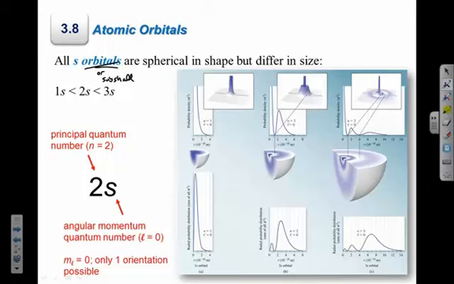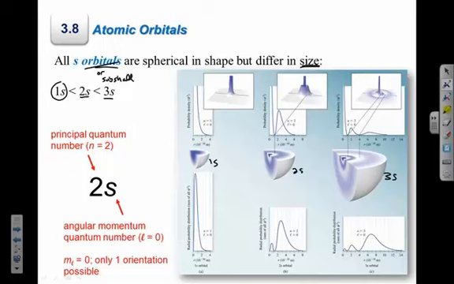So, in terms of the size, the 1s is the smallest, then the 2s, then the 3s, and so on and so forth. So if we show the 4s, this slide only shows a cross-section of the 1s, the 2s, and the 3s, but the 4s would be larger, and it would have more layers of electron density or probability within it, right?